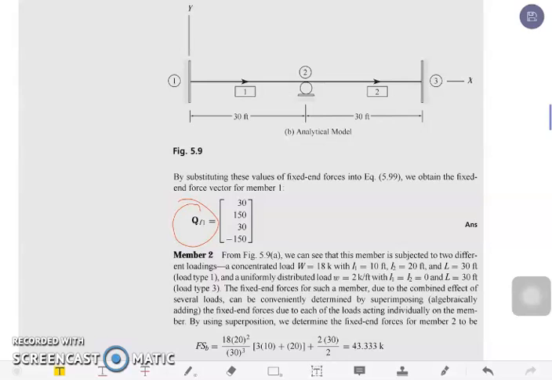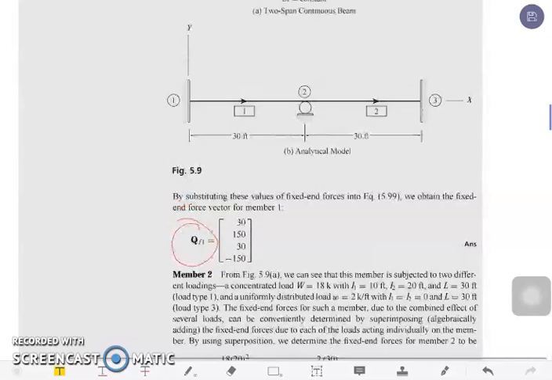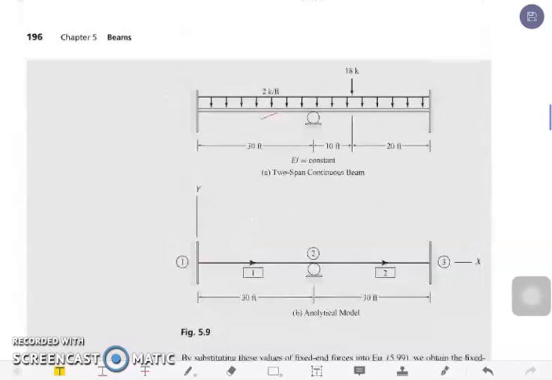If we're going to observe member 2, this is our member 2. Member 2 here is a combination of uniform loading and concentrated loads. Of course, the uniform loading is 2 kips per feet, and our concentrated load is 18 kips. If we're going to identify our member fixed end forces for member 2, there will be two formulas for the shear forces and the moment forces.